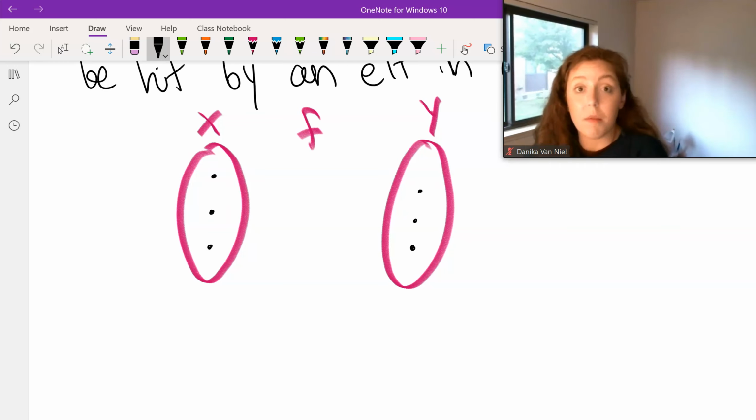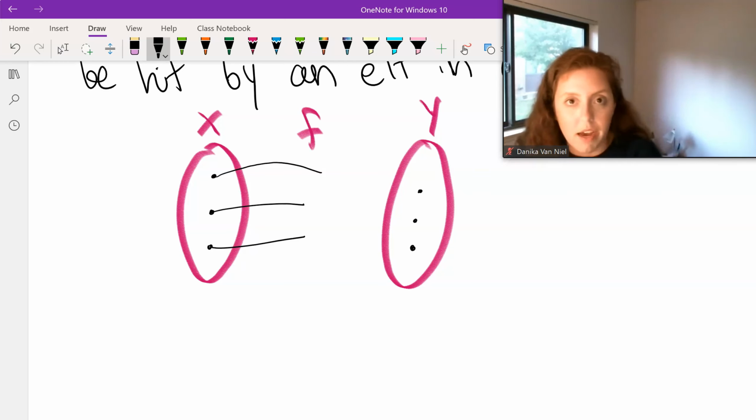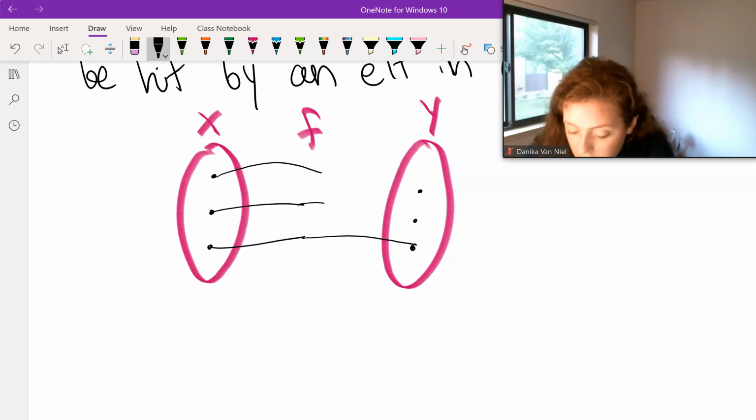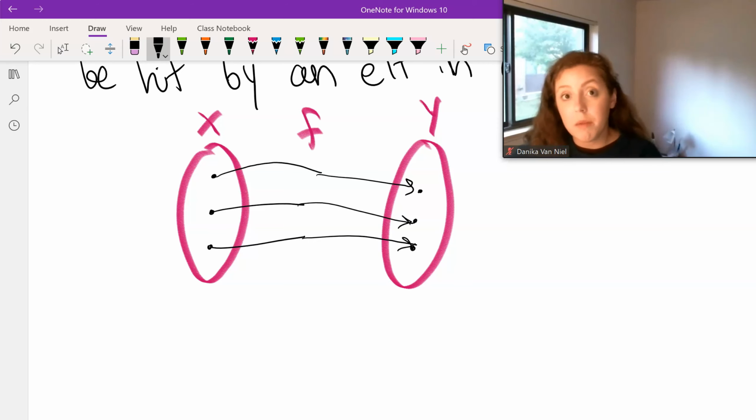They might even be the same set, we don't know, I'm just making this up. Each element only gets 1 arrow, so I can start with that, and now I just need to finish where I land them. I could do it like this, and that's perfectly fine. So here's an example where the range equals the codomain.